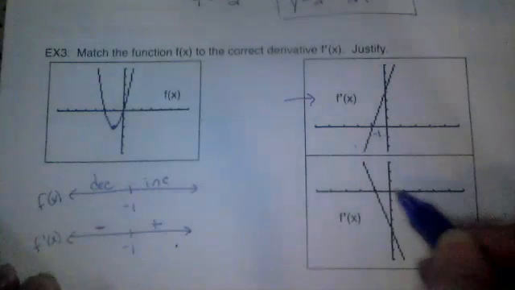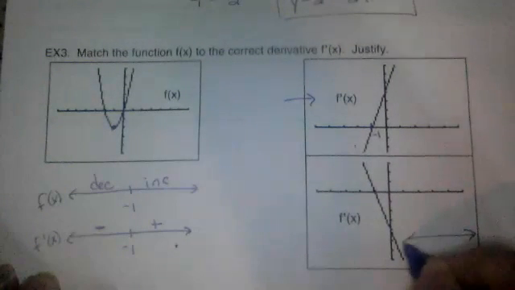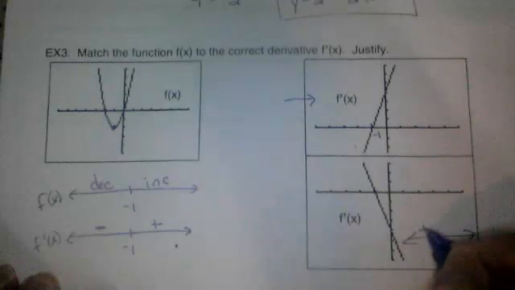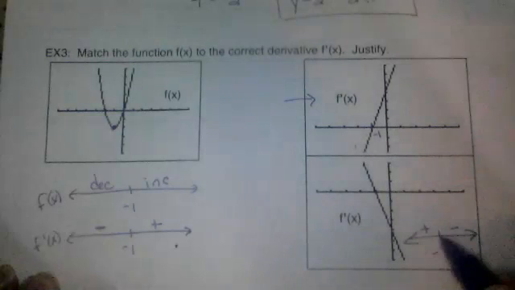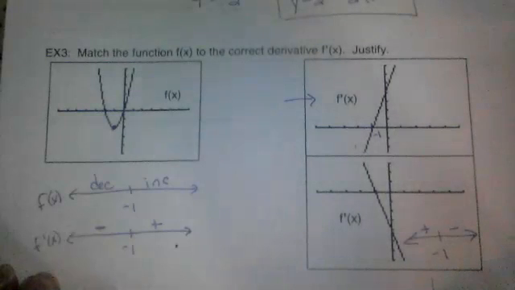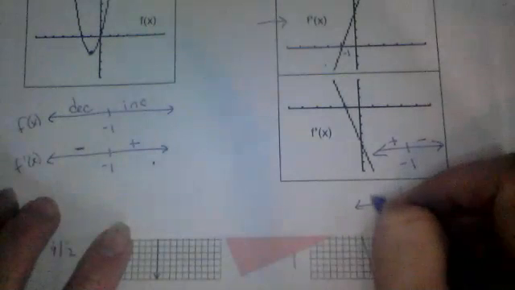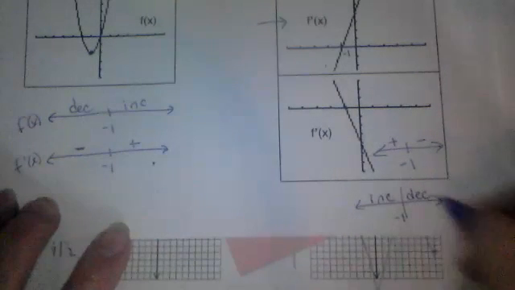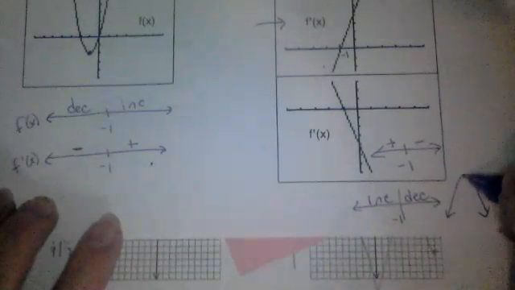So to take it a step further, this other derivative graph is sign analysis at -1, positive on the left and negative to the right, which means that its original function at -1 should be increasing and then decreasing. So that one would be an upside down parabola.